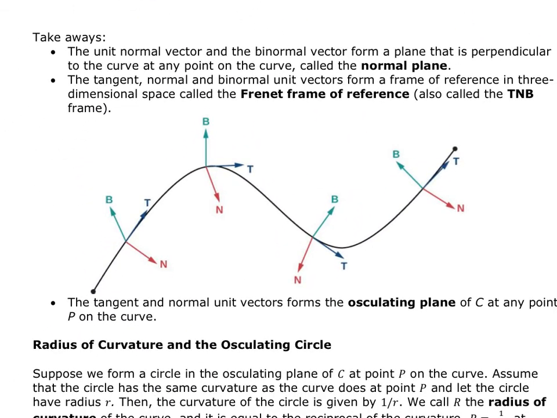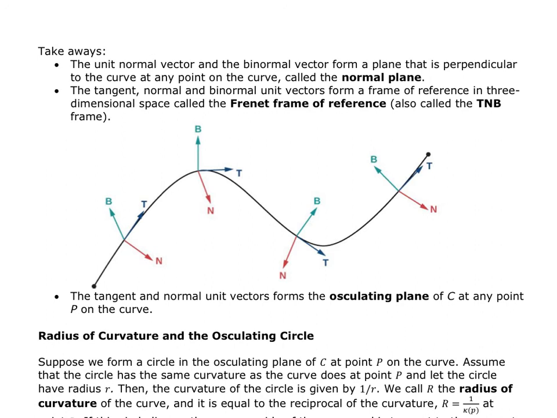Okay, so here are some takeaways from where we are. The normal vector and the binormal vector, together, form a plane that is perpendicular to the curve at any point on the curve, and we call that the normal plane. All three of them together, the tangent, the normal, and the binormal unit vectors, form a frame of reference in three-dimensional space called the Frenet frame of reference, also called the TNB frame.